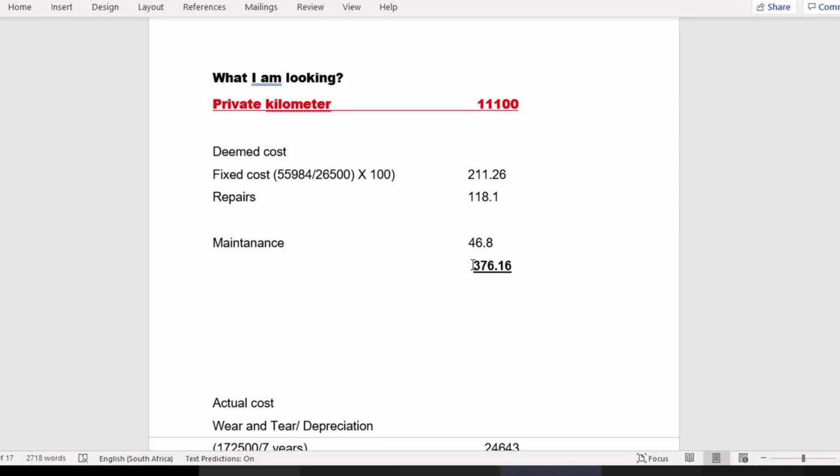Not really, sir, because I'm on page 152, but there's no such amount here. Are you on the table? Yes, sir. Okay, let me have a look at my guide quickly.